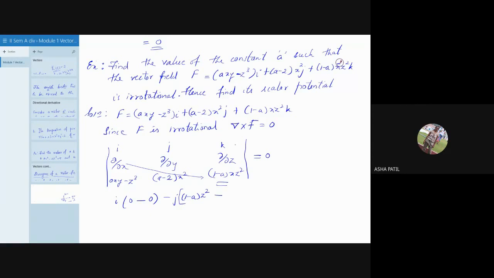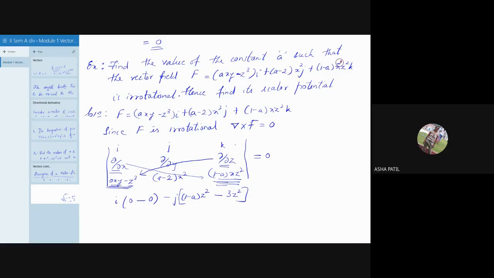Then minus dou by dou z of the first component, axy minus z cube, it is 3z square.